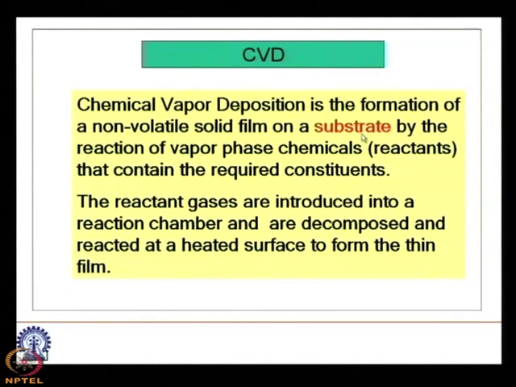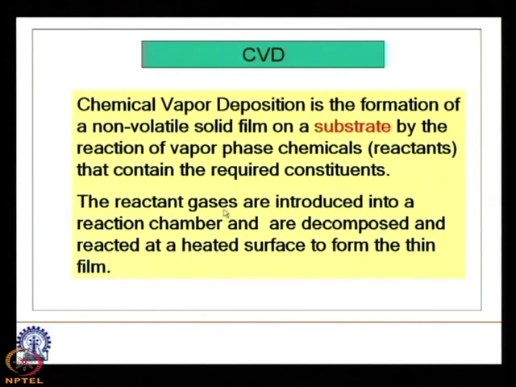So, one thing is that you have to have a substrate on which the film will be deposited, and there will be a chemical reaction, and this vapor phase of the chemicals will be subjected to some reactor which is known as the CVD reactor, and then chemical vapor deposition will take place.